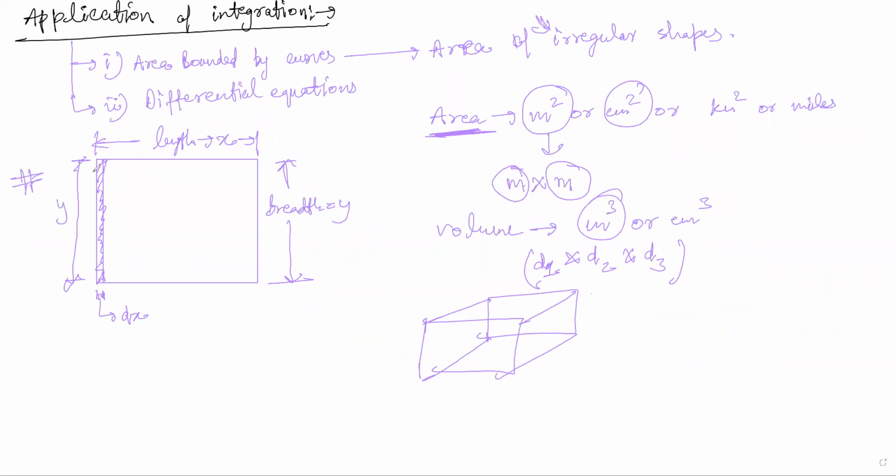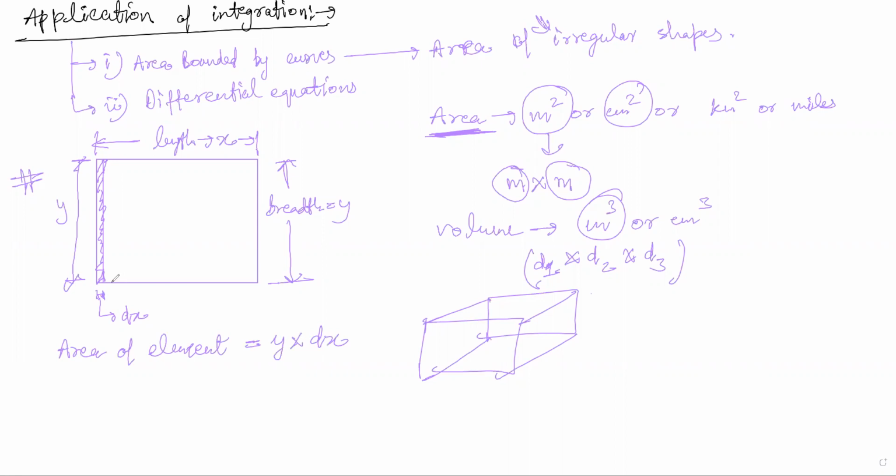If I just want to find out the area of this very small strip, you also know this structure as an element. This process is known as taking an element. So the area of this element will be y into dx.